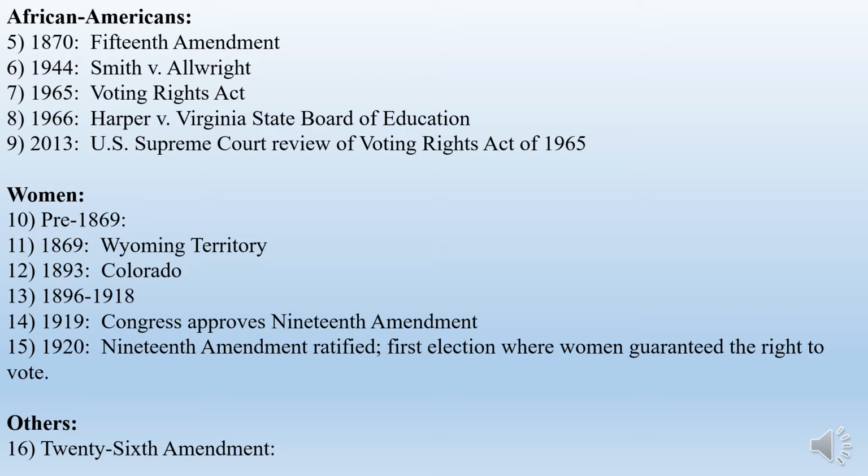And what the Supreme Court says is that no, you cannot make a condition of having the right to vote being able to pay a fee or a tax, because that violates the Equal Protection Clause. Everyone should have the right to vote, regardless of whether they have the money to do it or not.